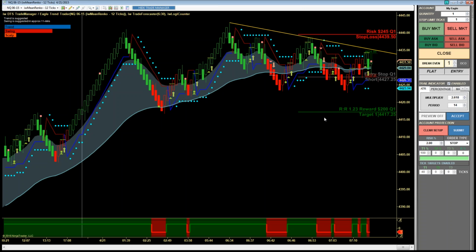The problem with these sideways markets is that until they actually break, every trade you take is, well, it's a crapshoot. It really is. It's a gamble because you don't know if it's going to go higher or if it's going to go lower. So what should you do?